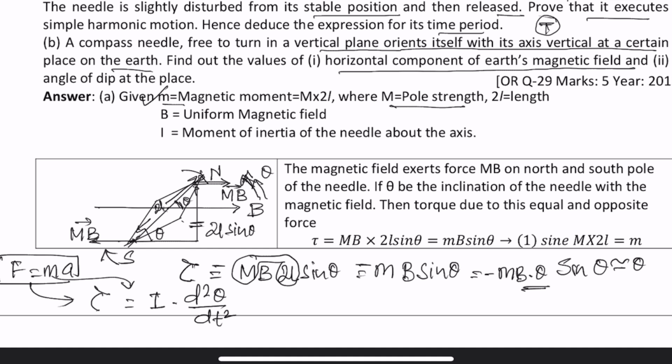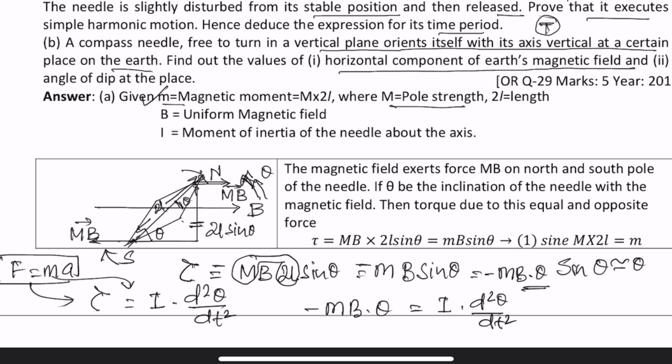So because of restoring nature we can write minus m into b into theta equal to moment of inertia into angular acceleration d2 theta by dt square.